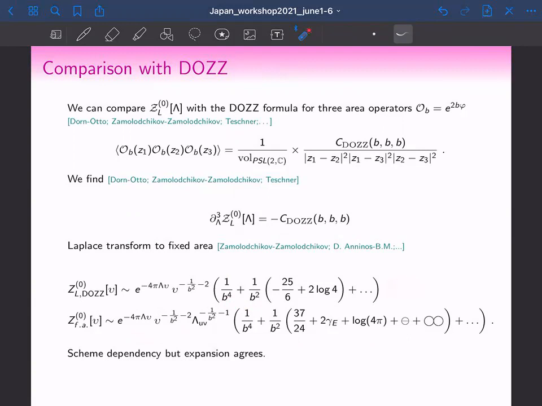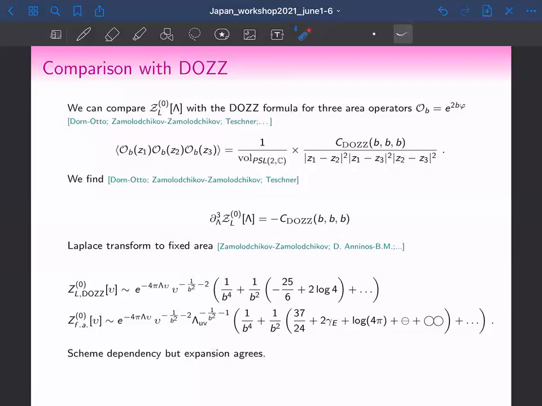What is the meaning of each piece in this expansion? We've seen that 1 over b to the power 4 got its contribution from the Faddeev-Popov gauge fixing, and in this contribution the Faddeev-Popov gauge fixing also gives contributions. Other pieces come from diagrams on the 2-sphere. That's why it's important to keep lambda UV, because the expansions do agree with each other, but this is very scheme dependent.